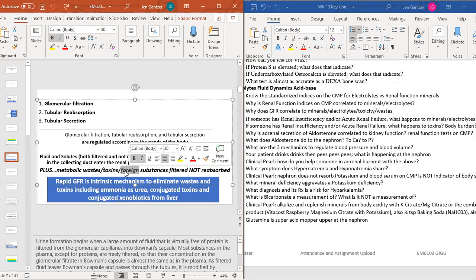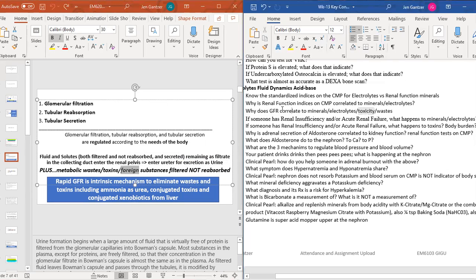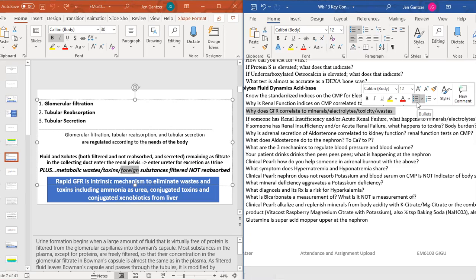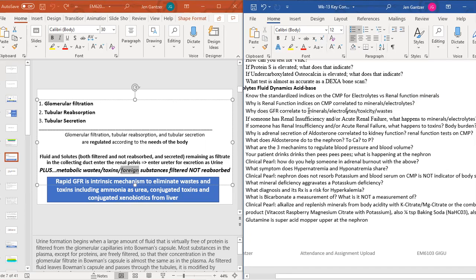So what additionally happens is you end up with hyperphosphatemia and hyperkalemia. So if you have an impairment of your GFR, you are toxic to ammonia, you are toxic to conjugated molecules and bilirubins and conjugated xenobiotics from the hepatic detox pathways, and you are in a complete imbalance of electrolytes. So if someone has renal insufficiency, what happens?